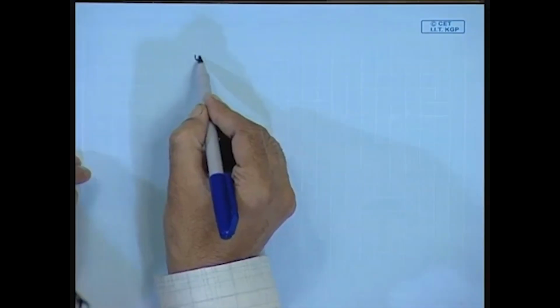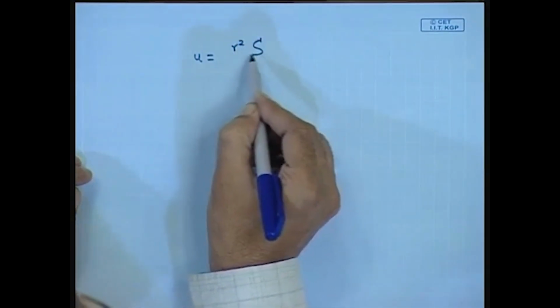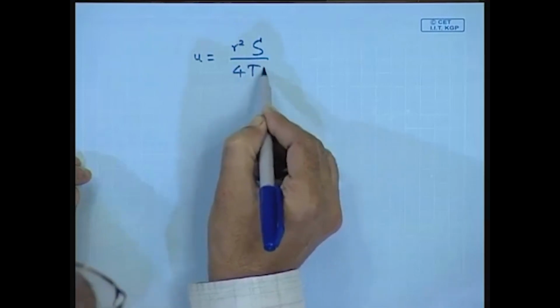So, using this matching technique we can determine the formation constants of the leaky aquifer. By this matching technique we know S versus T, and the corresponding u is equal to r square S divided by 4 T t.